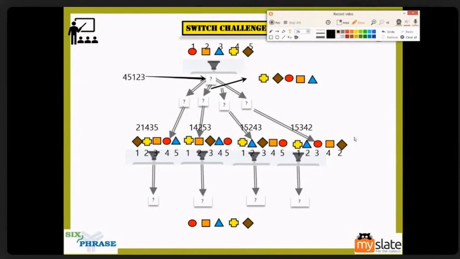So here we'll get 4 3 5 2 1. The next one is going to be 5 2.